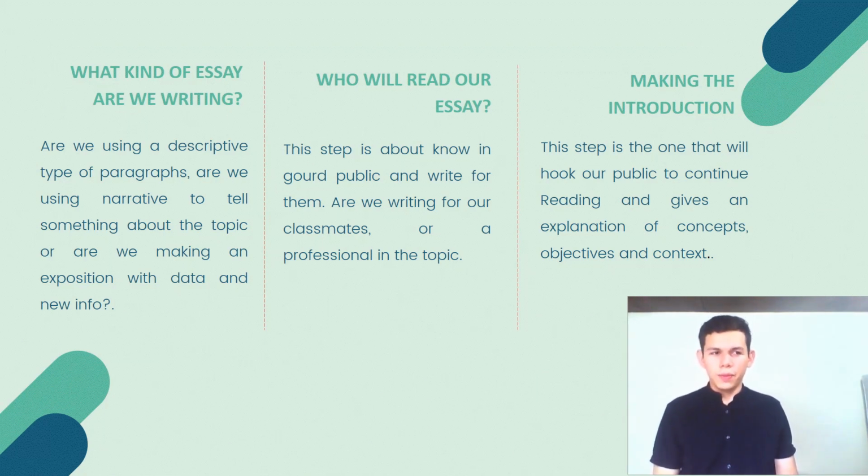Expository, when we are using new information and new data, statistics to prove a point. This is common in investigation. Then there is a narrative, and we are telling something about a certain topic. It's like a way to describe it, but it's more like telling how it is.